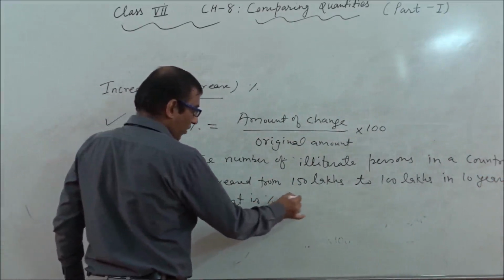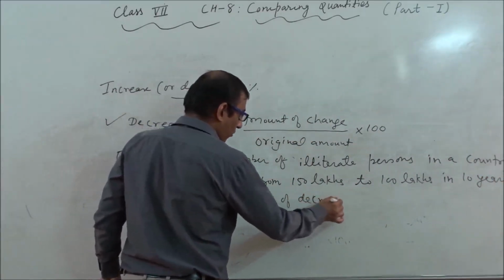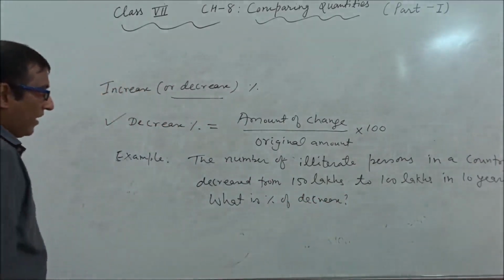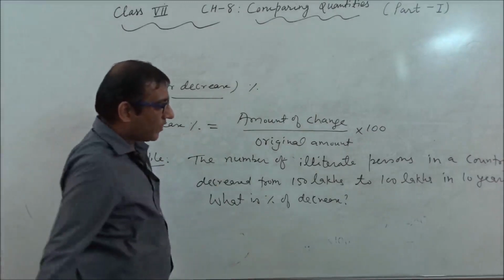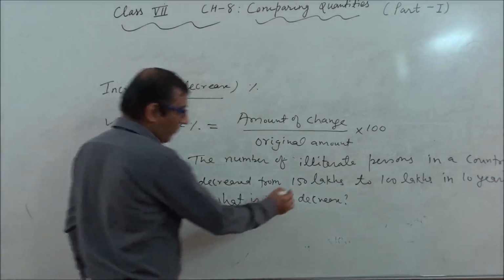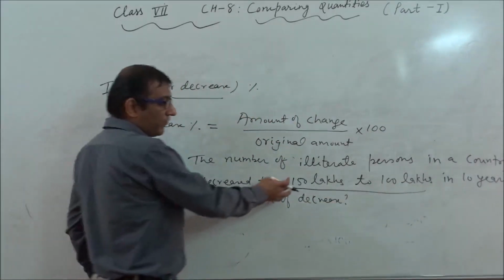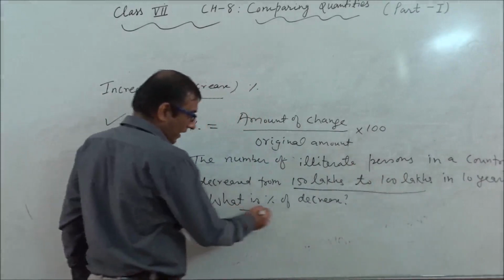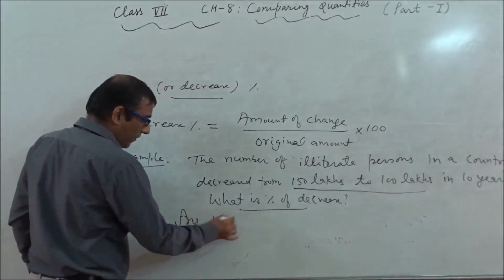With the help of the above formula, how will we solve such a problem? In this example, the number of illiterate persons in a country decreased from 150 lakhs to 100 lakhs. It means earlier it was 150 lakhs, now it is 100 lakhs. So how will we calculate decrease percentage? Again the same pattern.